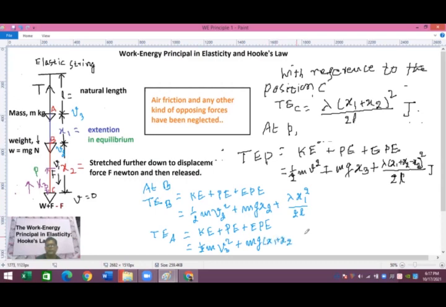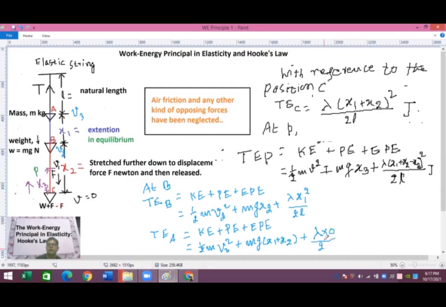The elastic potential energy is lambda times extension squared by 2L, but at this point there is no extension, so it is 0 divided by 2L.